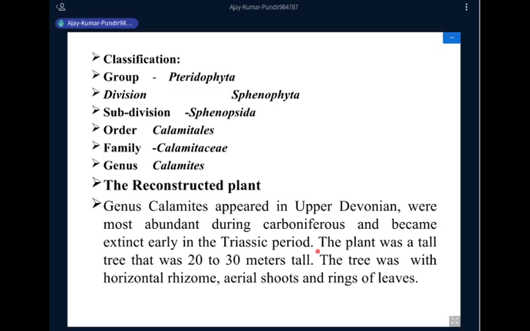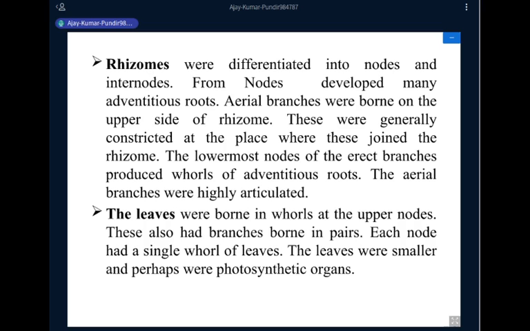According to some paleobotanists who work on the morphology of Calamites, the plant was a tall tree, about 20 to 30 meters tall. The tree was present with a well-developed rhizome, aerial shoot, and a ring of leaves.